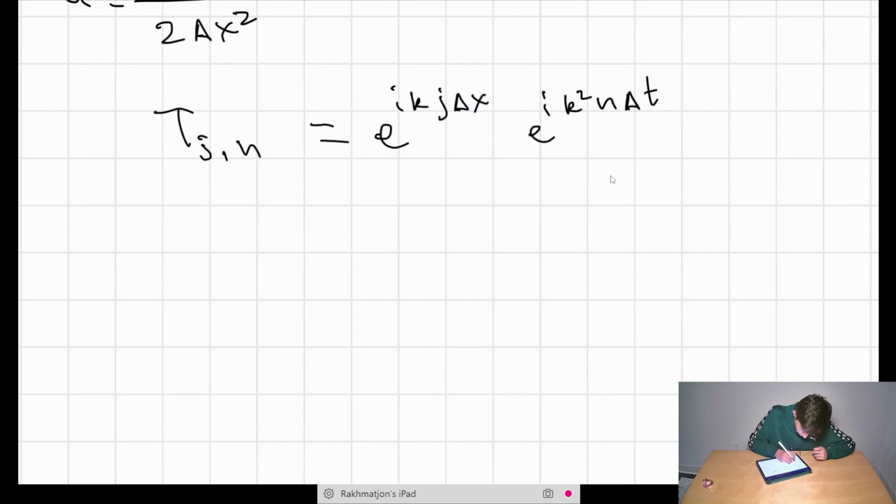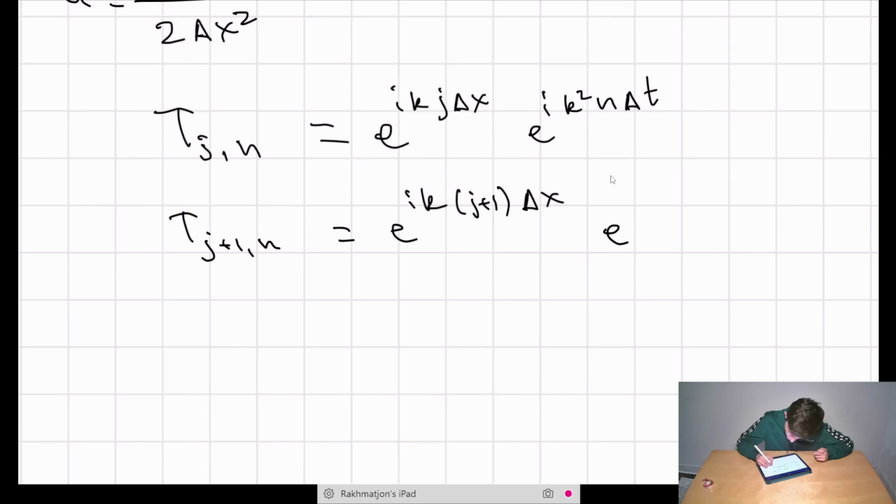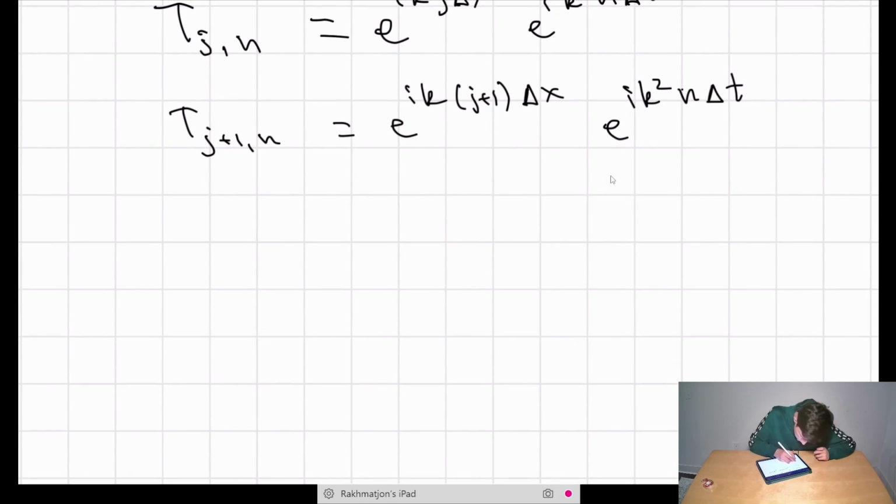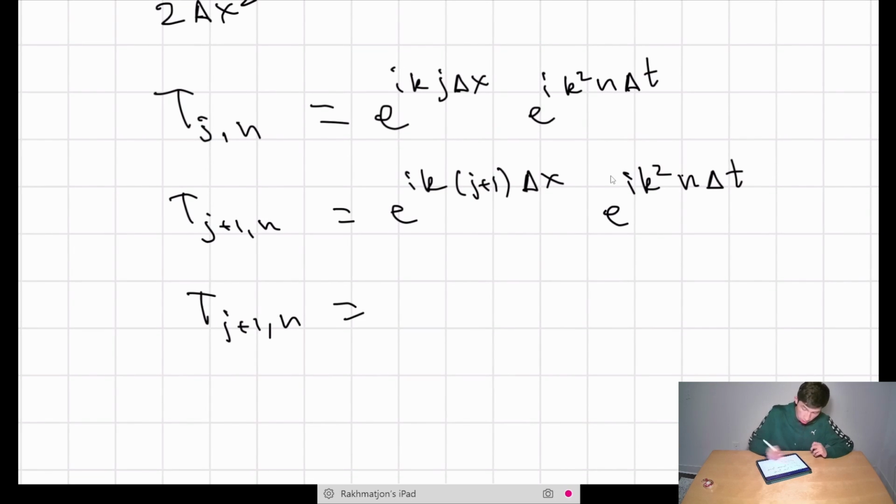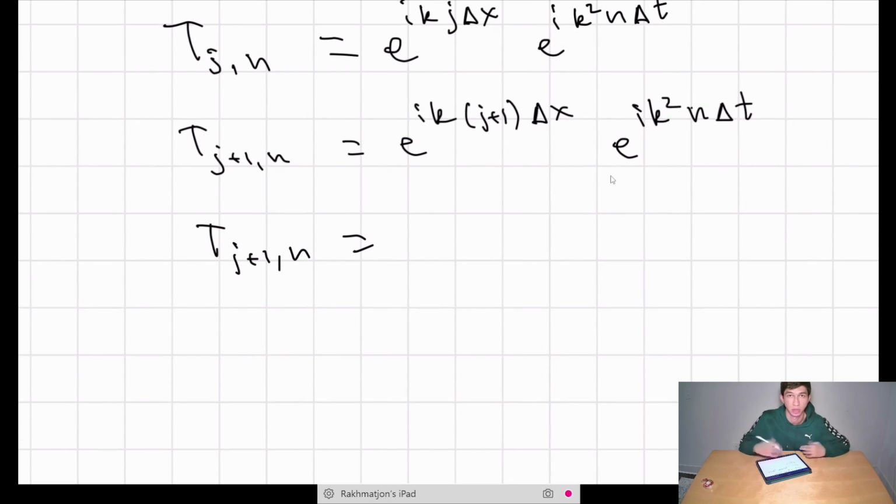So our temperature at j plus 1 at the current time is going to become e to the i k (j plus 1) delta x times e to the i k squared delta t. Which means we can express the temperature at j plus 1 in terms of Tj at n, so we can express all the variables in terms of T at the current time and at a specific region.